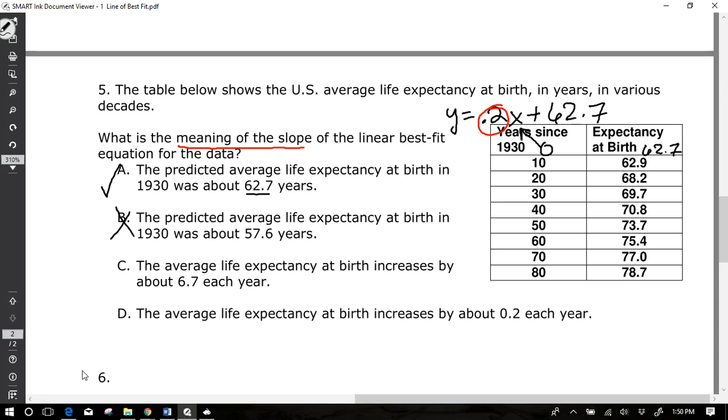That is not correct either. 6.7 isn't anywhere in any of our values. And then the average life expectancy at birth increases by about 0.2 each year. That statement is also true. So we ended up with 2 correct answers for this equation.